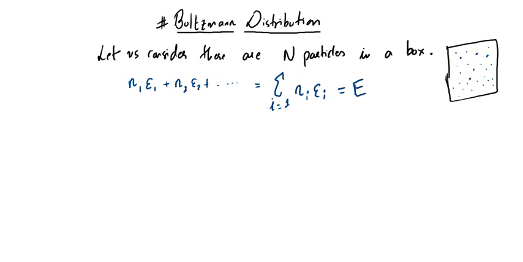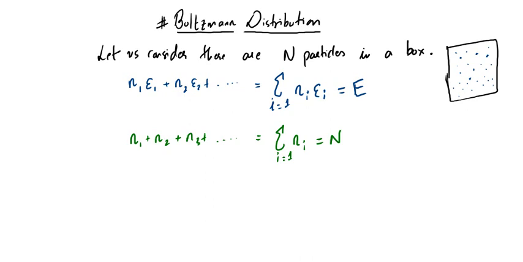And we also know that the number of particles has to be fixed, right? n1, n2, n3 and so on. So this has to be fixed, and what I will say is the summation of n_i, from i equals 1 to the number of compartmentalizations, is n. So these two are the constraints of this particular system.